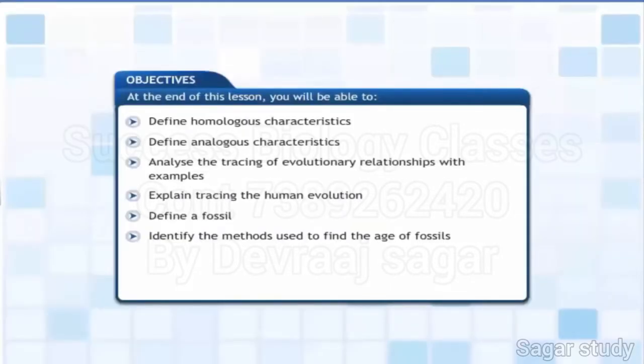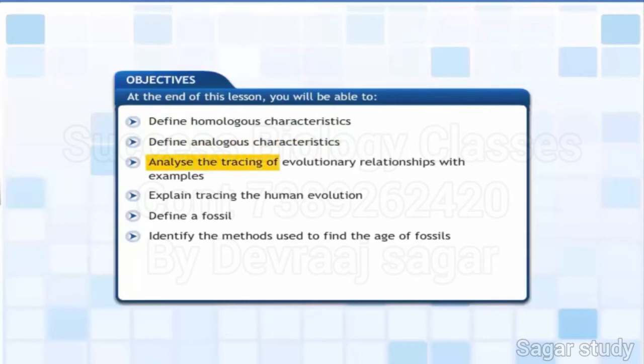In this lesson, you will learn about evolutionary relationships and human evolution. At the end of this lesson, you will be able to define homologous characteristics. Define analogous characteristics.